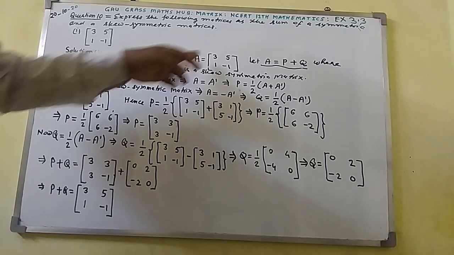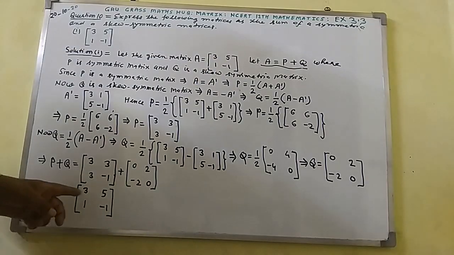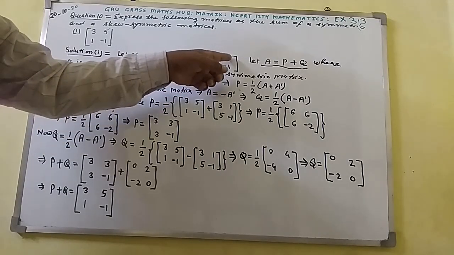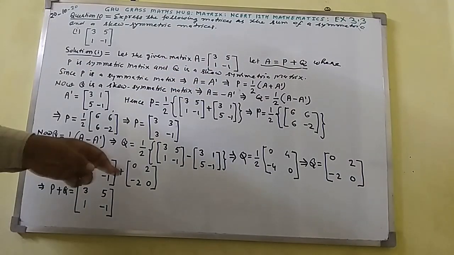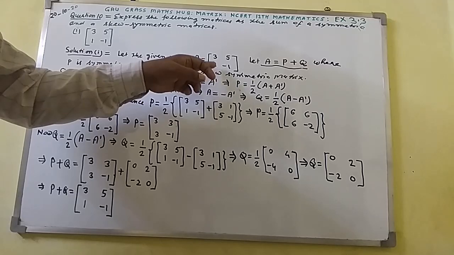Now compare the elements of A. The elements of the first row are 3, 5, and the elements of the second row are 1, minus 1.